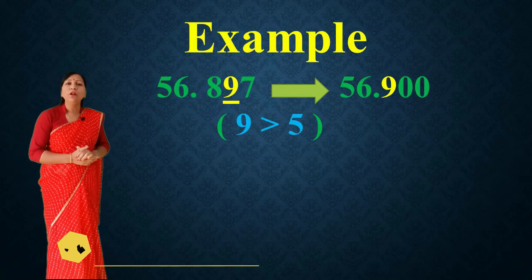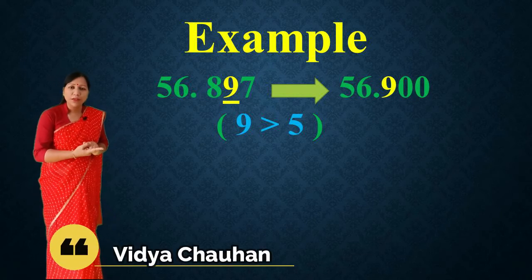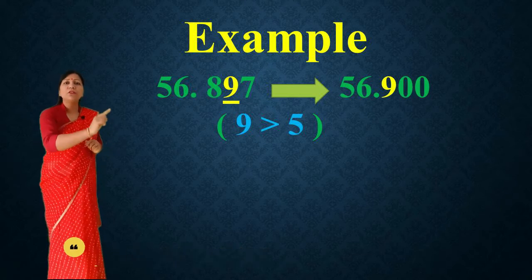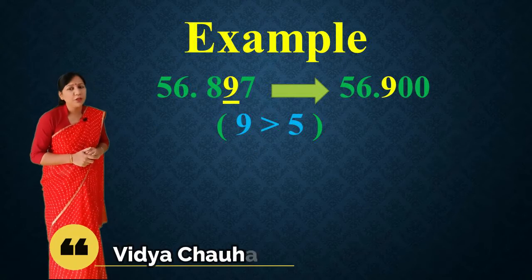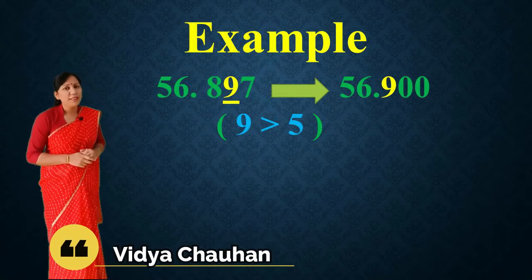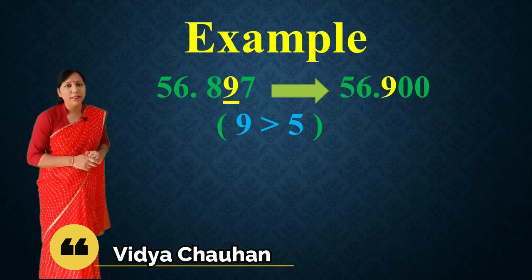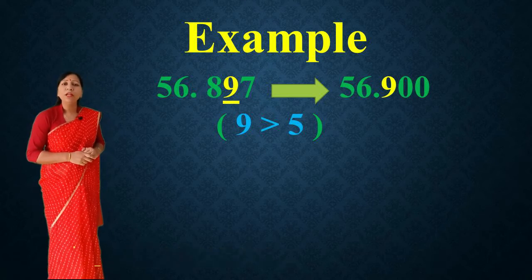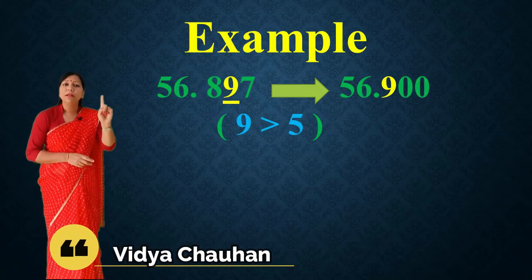According to the second rule, the digit at the 10th place will increase by 1. So 8 will become 9 and the rest of the place values will become 0. So the round off for 56.897 will become 56.9. This is how you round off decimal numbers correct up to 1 decimal place.